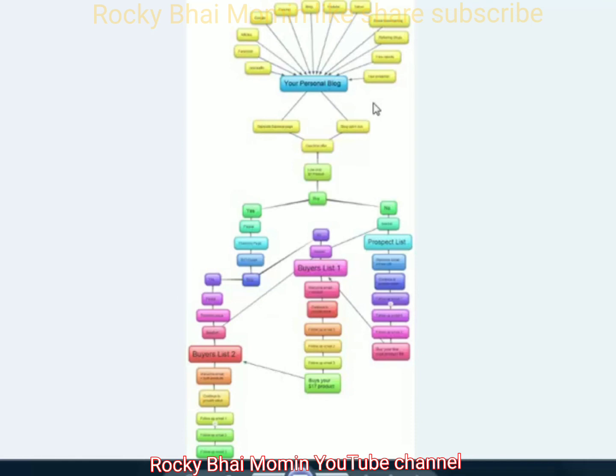Whenever you include a sidebar opt-in form on your blog, or an opt-in box at the bottom of any of your blog posts, or a link in your nav bar, anywhere basically on your blog, you want to be tracking all of these opt-in boxes, so that in a few weeks, or a few days or a few months, if you've converted any of your prospects to customers, you know where those prospects have actually come from. So in a few months time you can determine where your most profitable customers are coming from.